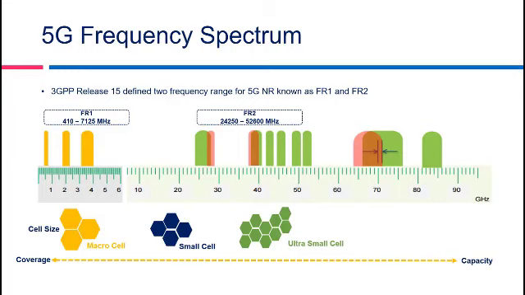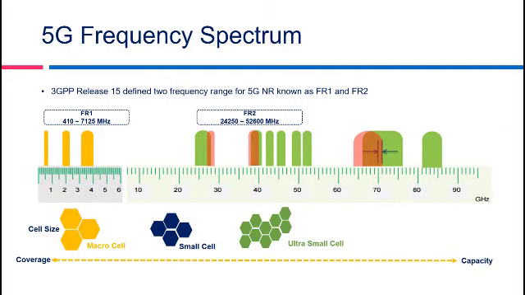Here in this slide, we can see the frequency ranges defined by 3GPP for 5G. The 5G standard was first defined in Release 15, and there they defined two frequency ranges which can be utilized for 5G NR services, and these are FR1 and FR2.